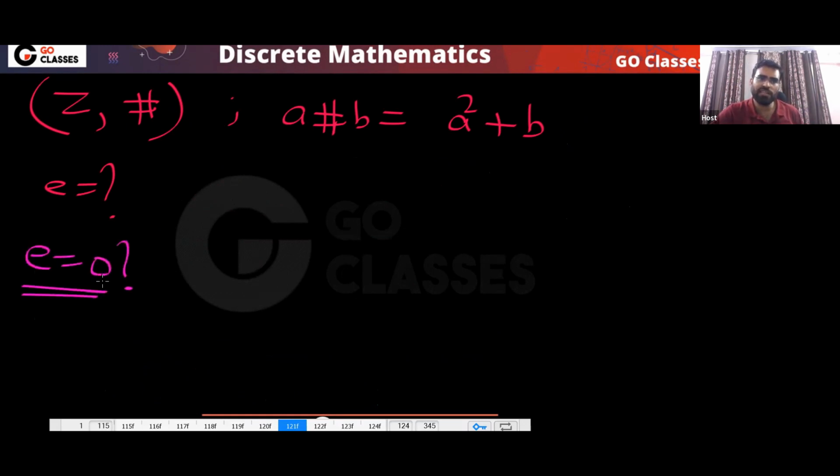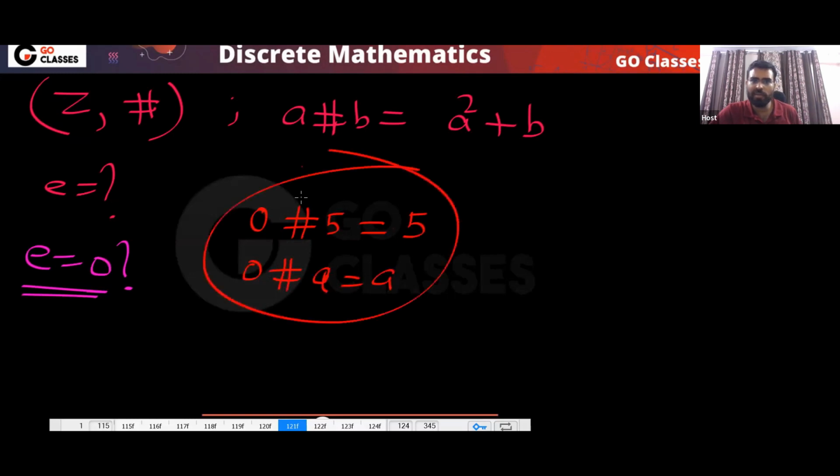Will 0 work as identity element? 0 is not the identity element. Remember why? 0 has 5 is 5, right? 0 has a is a. So it seems, it looks like 0 is the identity element.